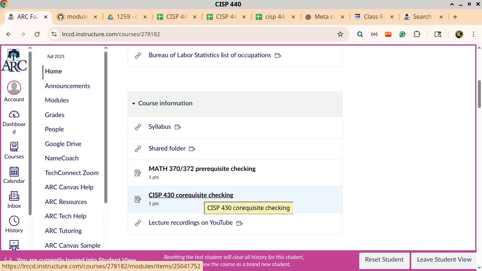You can do that too. If it is out of the district, then it's the same thing. You have to show me that you are taking that class right now, but you will also need to file a course equivalency petition so that I can evaluate whether the class that you're taking is truly equivalent to CISP 430.